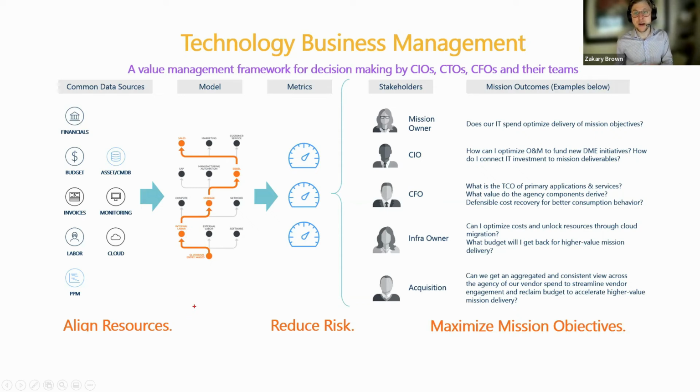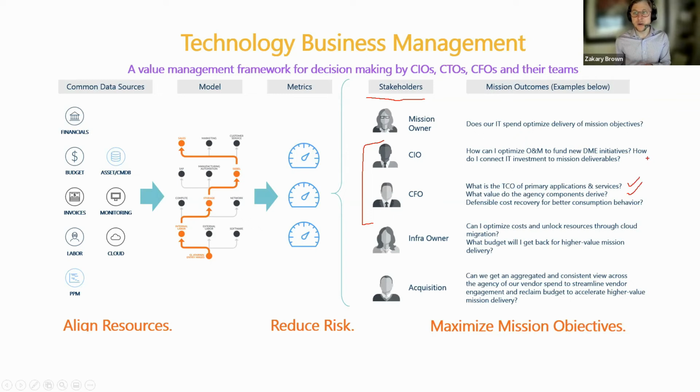Now, this entire model is designed to help our specific stakeholders and our key personas. Today, we're going to be focusing on the CIO and CFO levels, and we're going to answer some of these outcomes, these questions. So we'll take a look at a high level: What is the TCO of our apps and services? What value do these actually drive? And then who's actually consuming these?